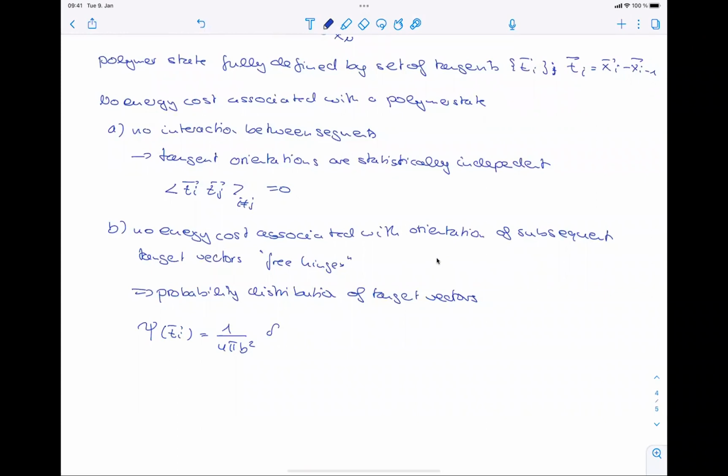And the only caveat that we have is that the tangents need to be exactly b of length by definition, the bond length. So this is here a uniform distribution on a sphere of radius b.